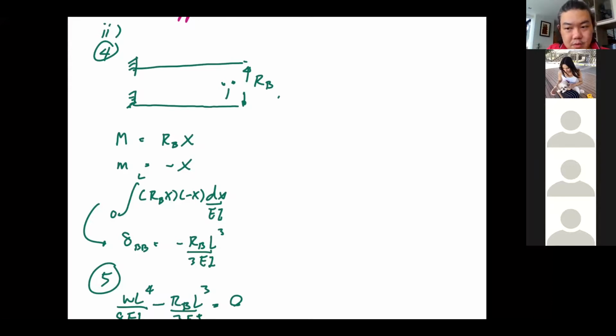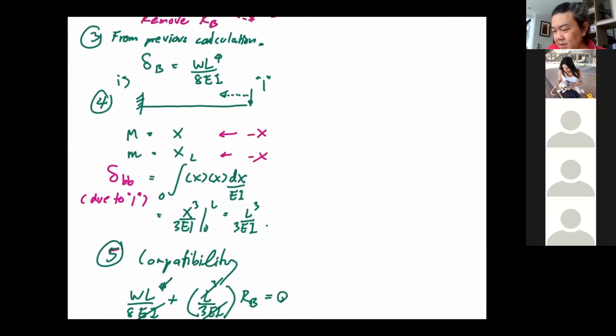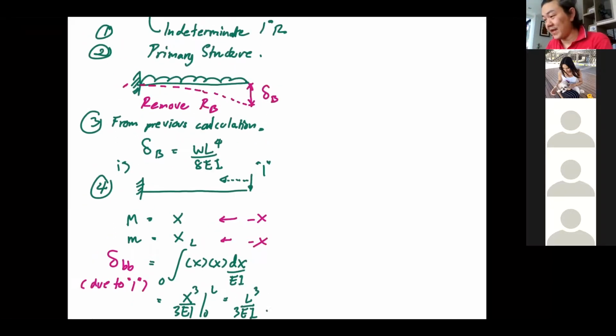Why at the fourth step, why can the capital M be X? I mean, why can 1 be the actual load? Because this is the second approach.